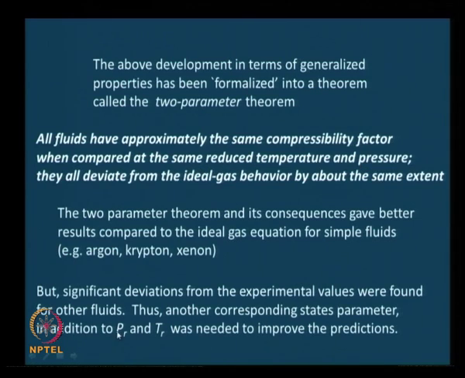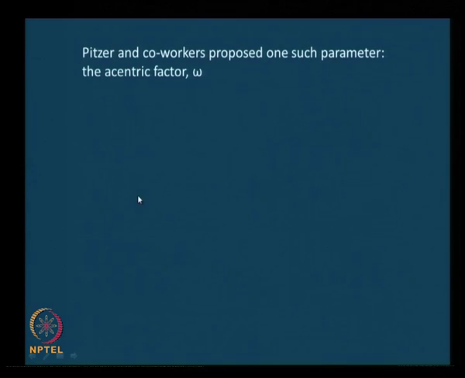You would understand why we are calling this a corresponding states parameter. And when the third parameter was looked into to improve the predictions, Pitzer and co-workers came up with a parameter called the eccentric factor, which we will represent by this letter omega here.